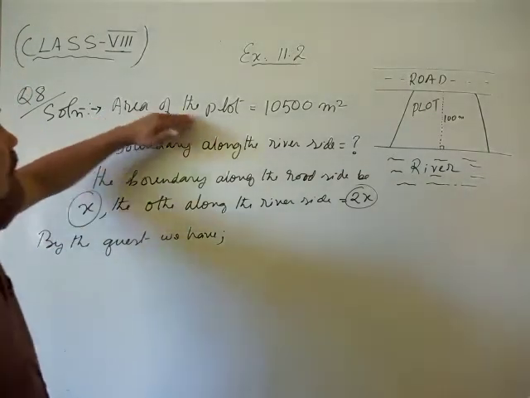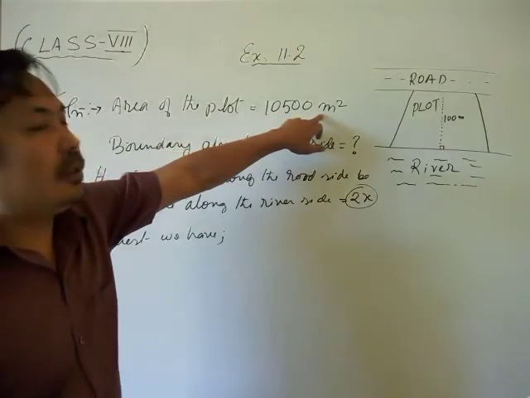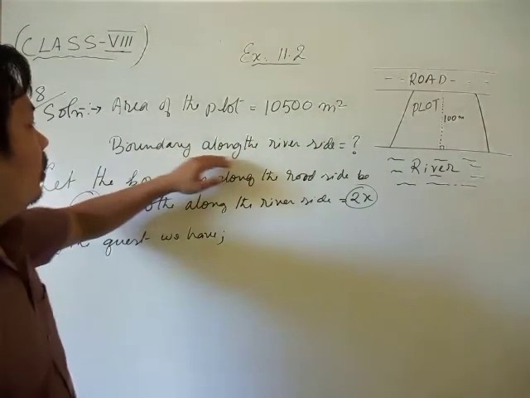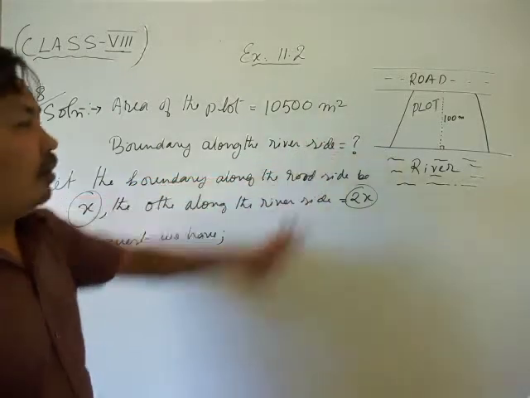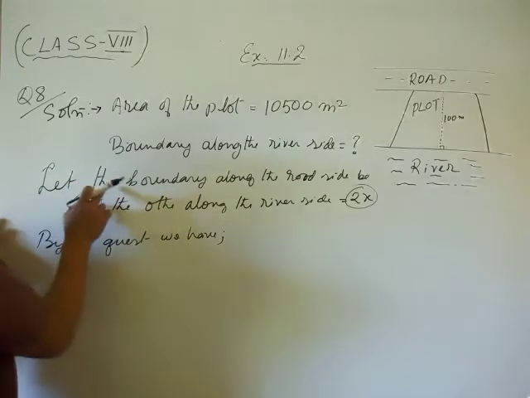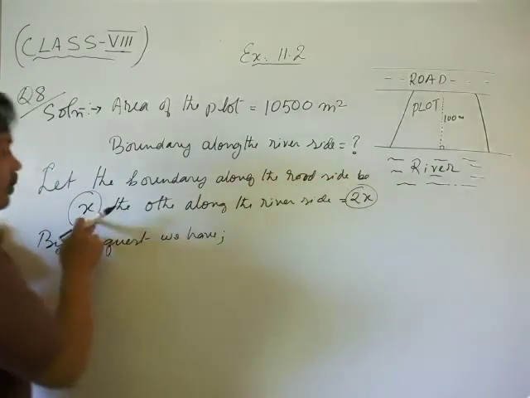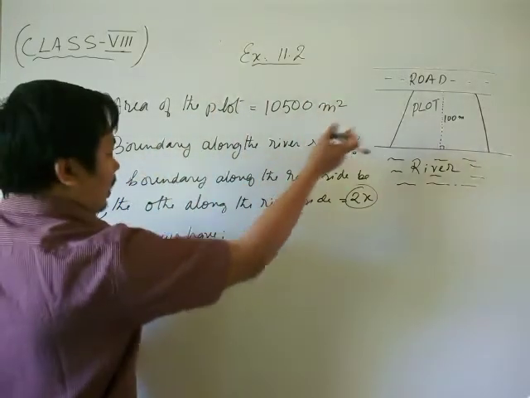The area of the plot is 10,500 meters square. The border along the river side is to be found. According to the question, let the border along the road side be x. We don't know it, so let it be x.